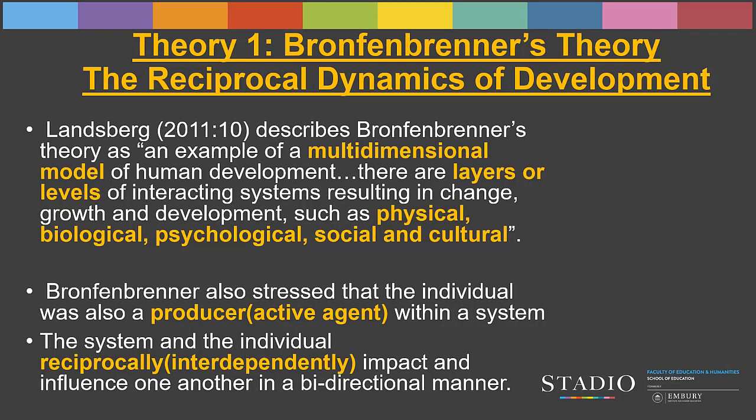For this section, I just wanted to go through a brief overview of Bronfenbrenner's theory. It's very important for you to remember for step 2 and step 3 that when we are focusing on Bronfenbrenner's theory, we talk about the reciprocal dynamics of development. What this word reciprocal means is that the process is circular.